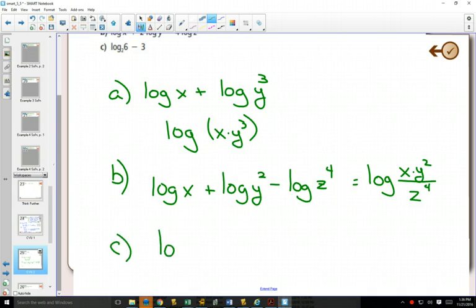And for part C, we've got log 2 of 6 minus 3. And that minus 3 is all by itself. This isn't a single logarithm because we've got that extra minus 3. But the only way that we can put logs together is if we have a number multiplied out in front, a log plus a log, or a log minus a log. So in this case, we're going to have to change that 3.